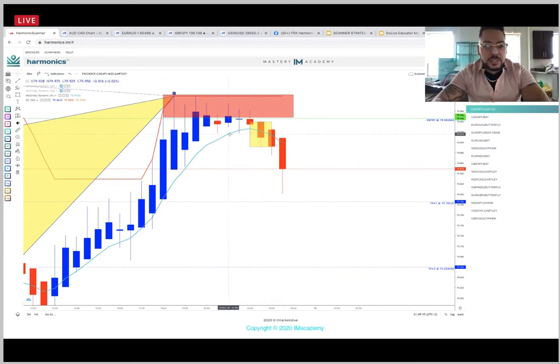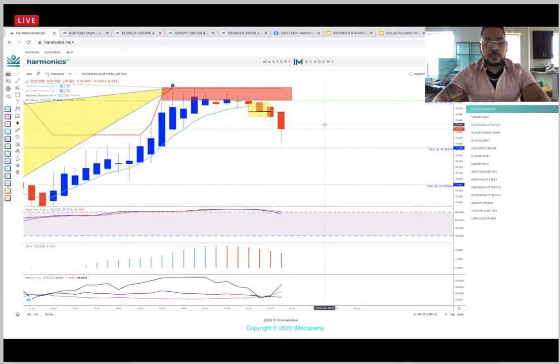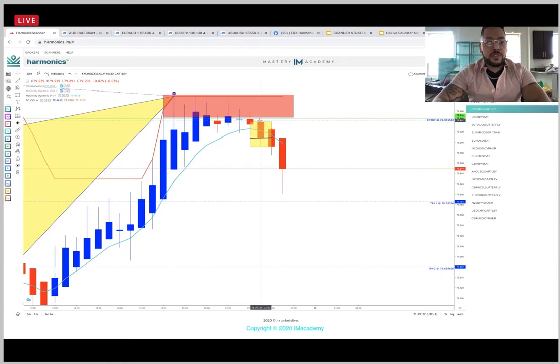So you see how this is the McGinley, the blue line? You see how this candle had a flat top and it closed below the McGinley, right over there? This is where the candle closed. So it has a flat top and it closed below the McGinley.